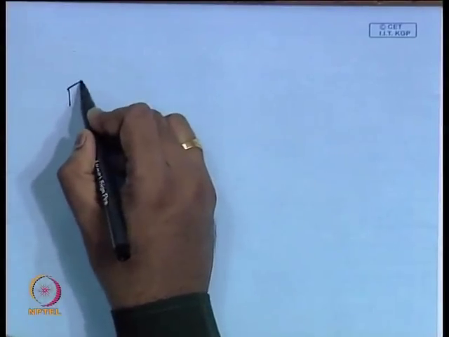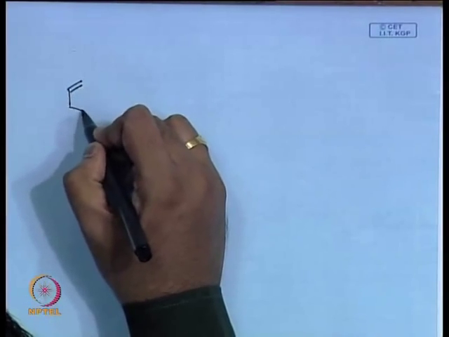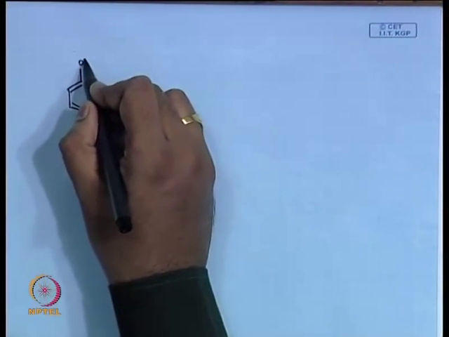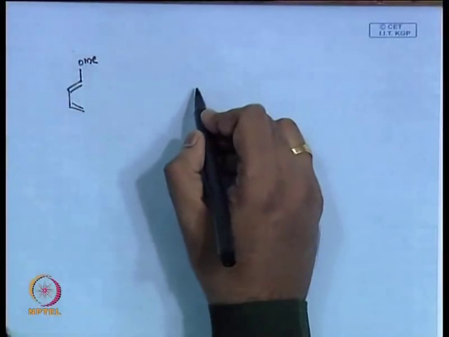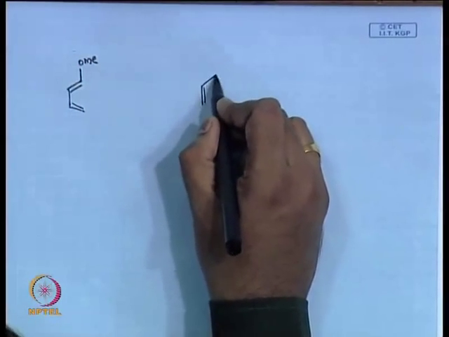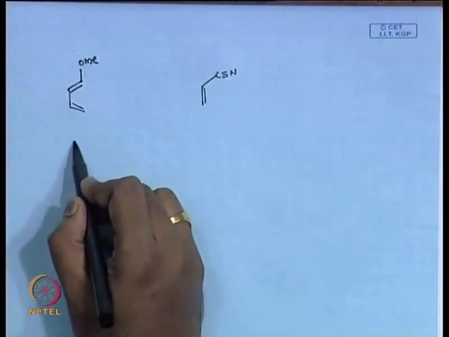Now, we will understand how it happens, why these things happen. Okay. It is very easy, you can see from the mesomeric structure of this, you can understand them. Okay. For example, I have this system. Just we can write the mesomeric form of it.